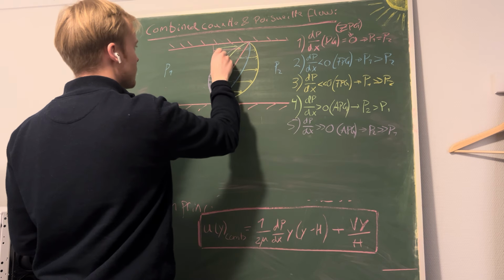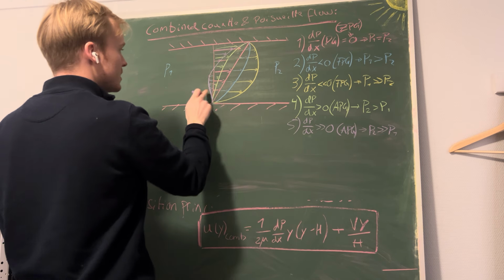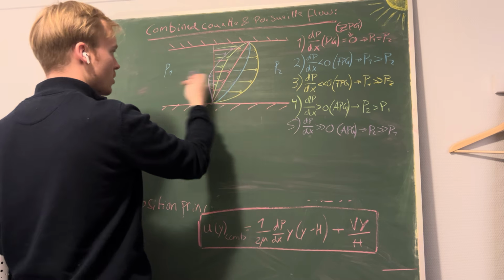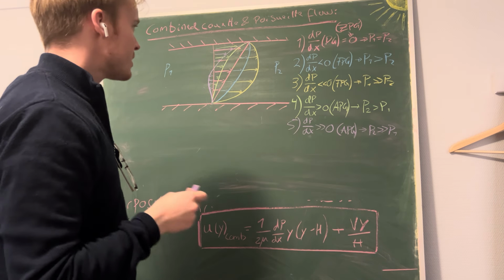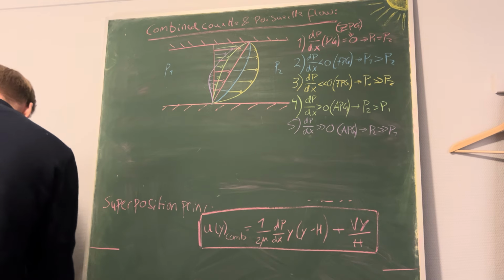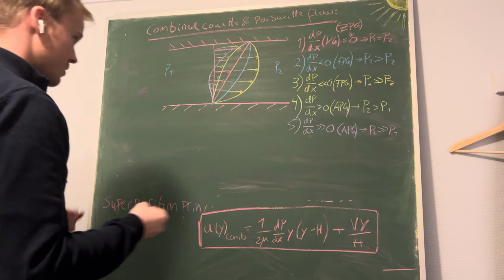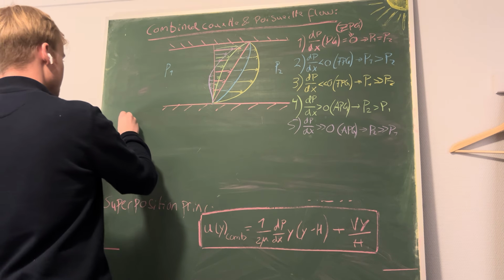Here we still have a flow from left to right, but in this small section here we have a flow in the opposite direction, which brings us into a very nice topic that should be understood, which is flow separation.